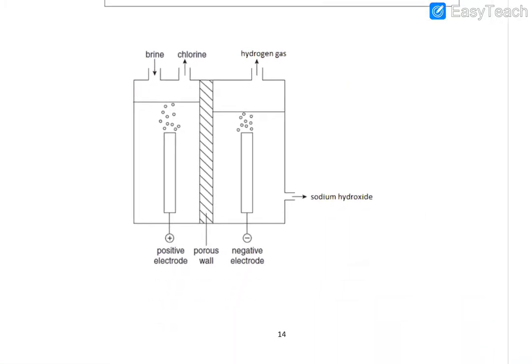So this is a diagram of the electrolysis. You again don't need to be able to draw the diagram, but you should be able to recognize that the positive electrode is the anode. At the anode you have the formation of chlorine, which is used as bleach.